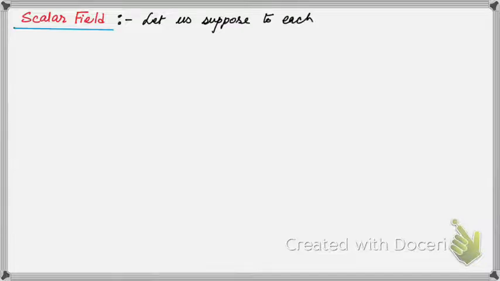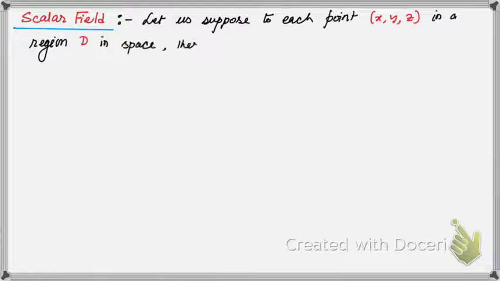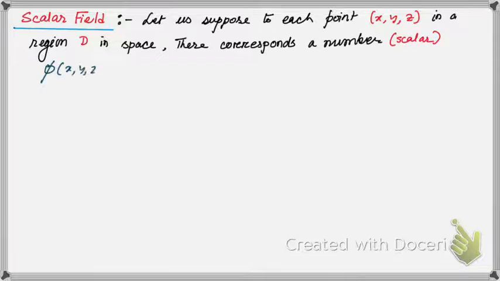Now, what do we mean by scalar field? Let us consider a region, and suppose to each point xyz in the region D in space there corresponds a number, which is a scalar, given by phi, a function of xyz.